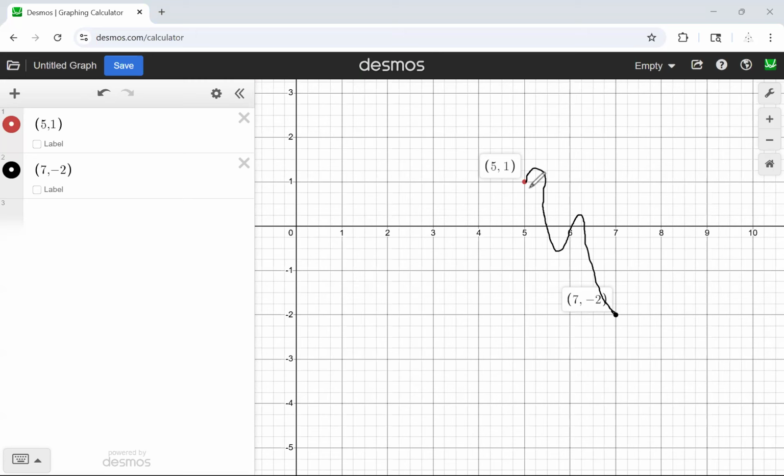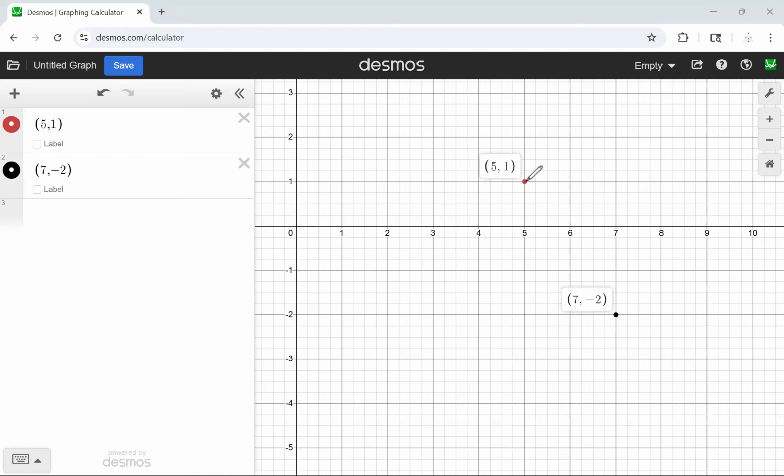And I can't contradict the vertical line test, so I always have to be able to move right when I do that. So in other words, I can't do this. That would be cheating and that would fail the vertical line test of a function.